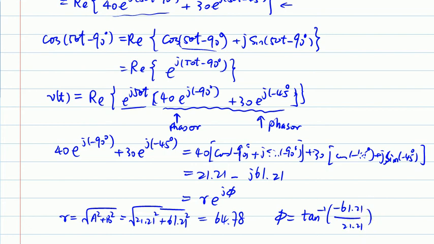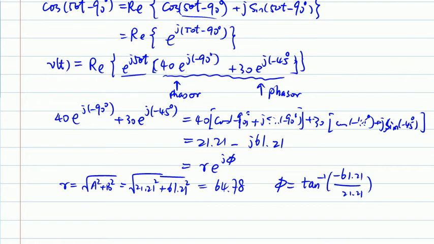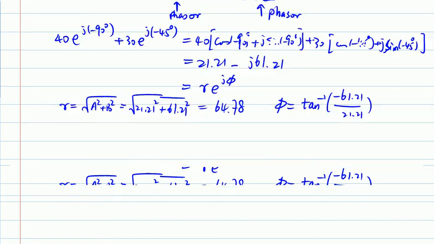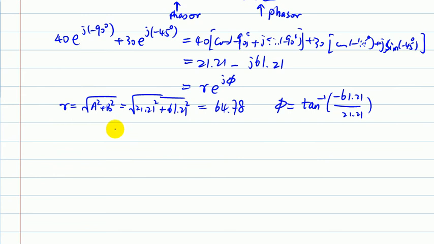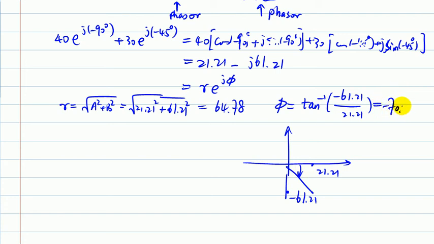This is where, in class, I said you have to look at the actual location of this complex number to determine the value of phi. a is positive, 21.21, and b is negative, negative 61.21. So the phi angle here is a negative number, which equals negative 70.9 degrees.